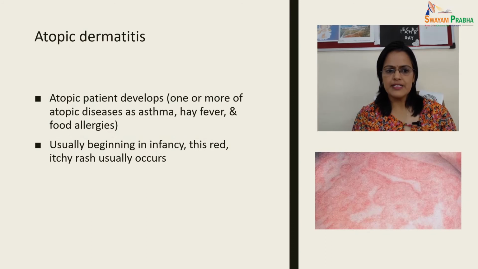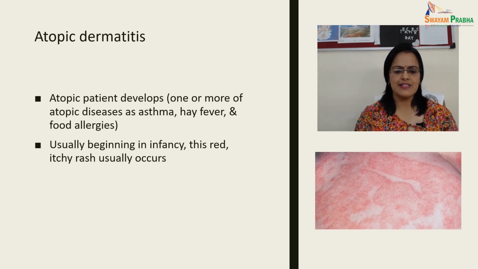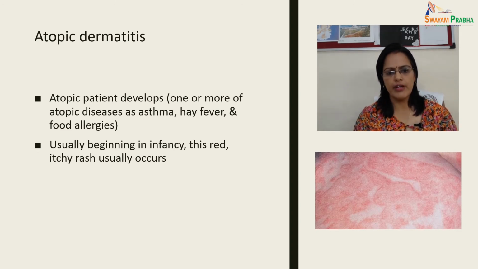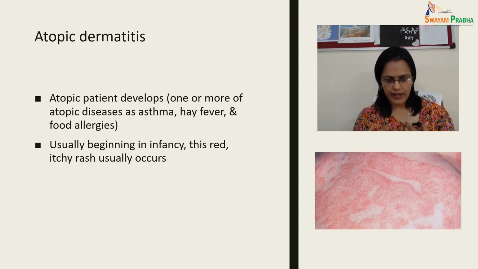Atopic dermatitis occurs when the patient develops one or more atopic diseases such as asthma, hay fever, and food allergies. Usually beginning in infancy, these red itchy rashes usually occur where the skin flexes, inside the elbow, behind the knees, and in front of the neck.